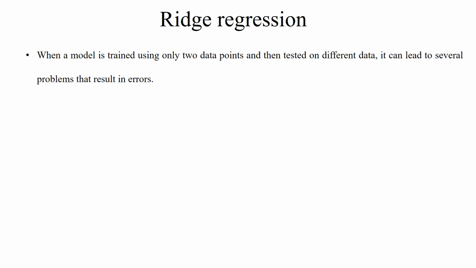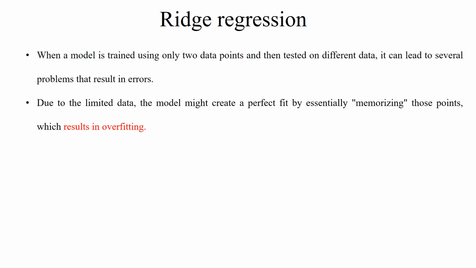When a model is trained using only two data points, it will lead to several problems that will result in errors. Because of the limited data, the model is going to create a perfect fit. Let us consider some data points here. Creating a perfect fit is possible, but that is going to result in overfitting.